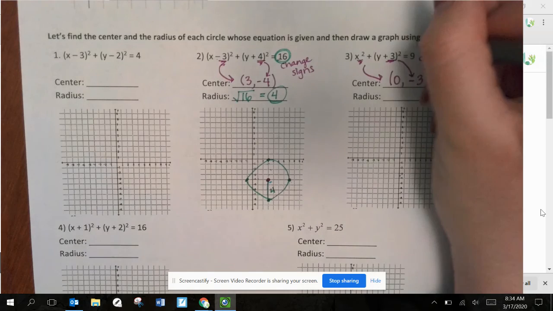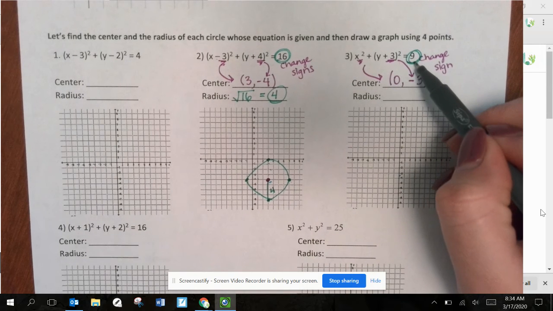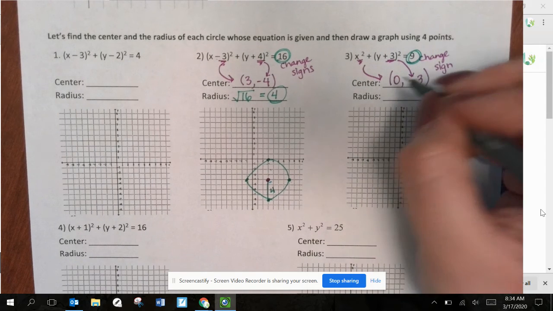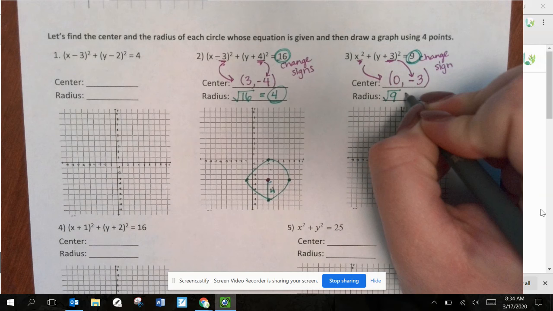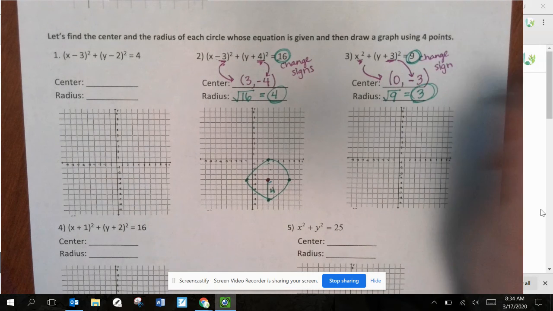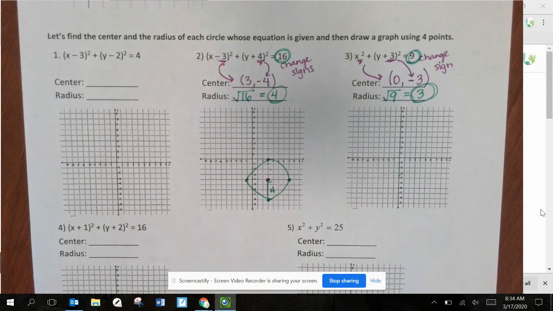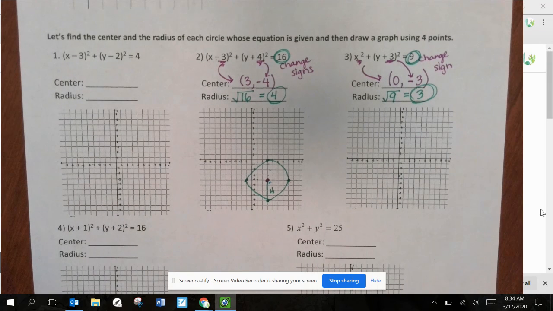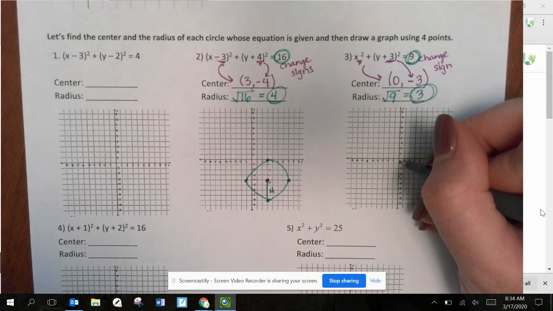Also remember that when I've got my 9 over here, that's been squared. And so to undo that square, I need to take the square root of 9, which is 3. So my radius is 3. Now let's graph the center for the circle. So 0, 1, 2, 3. Here's the center.